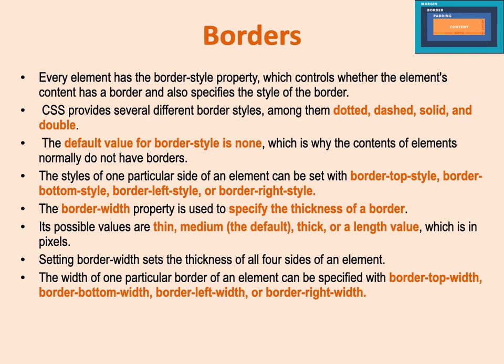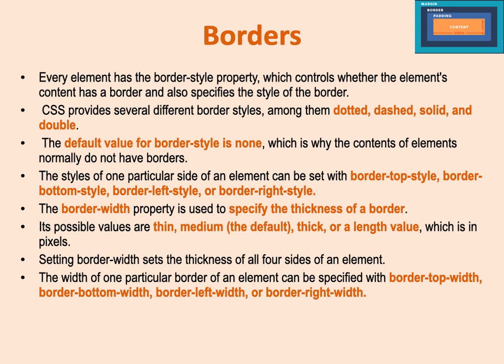The border-width property is used to specify the thickness of a border. The possible values are thin, medium, that is the default value, thick, or a length value which is in pixels.